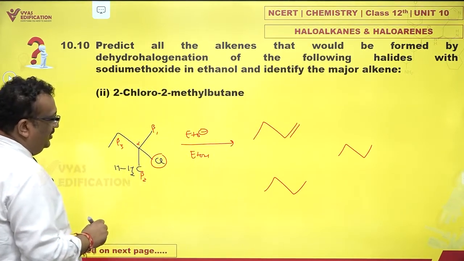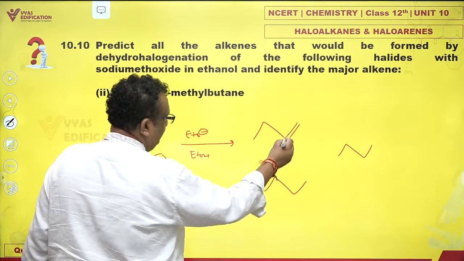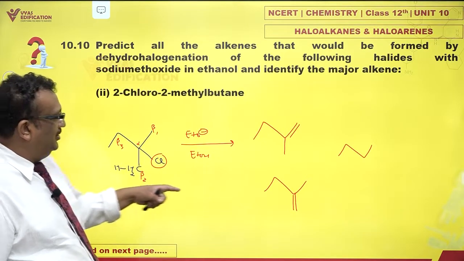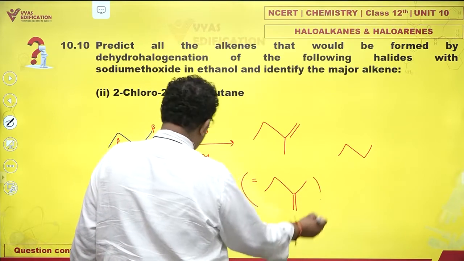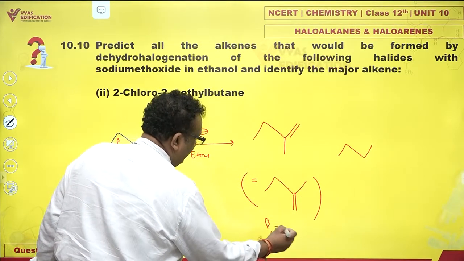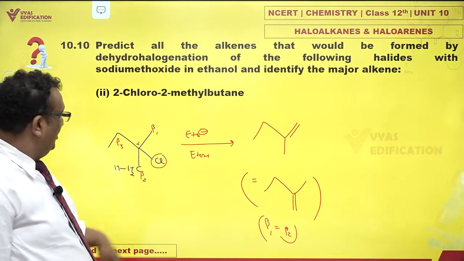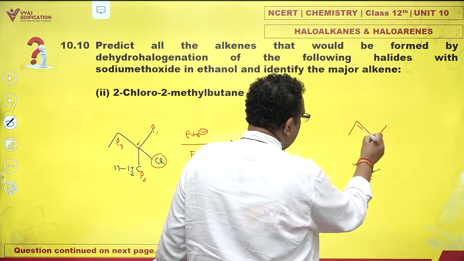With beta 2, I get a pi bond down there. Actually, if you see, these are the same. These are identical, there is no difference. So beta 1 is the same as beta 2. What about beta 3? Let's try that. If beta 3 is eliminated, what you get is this.